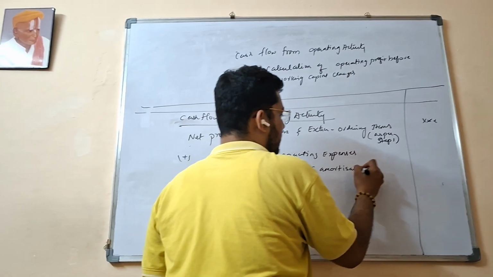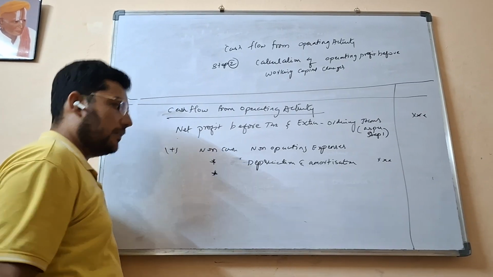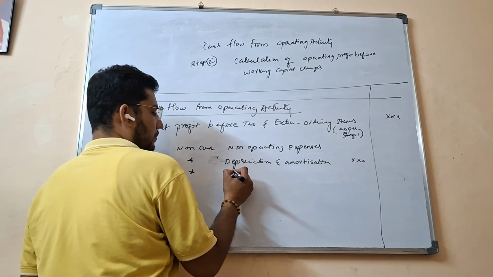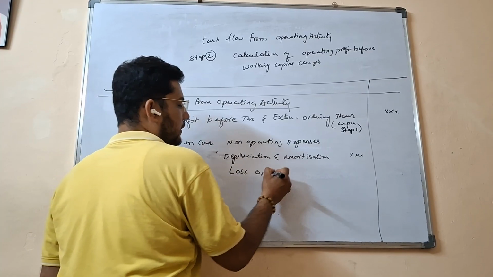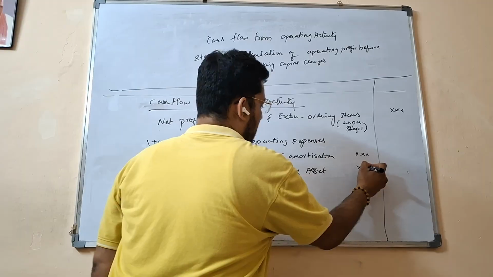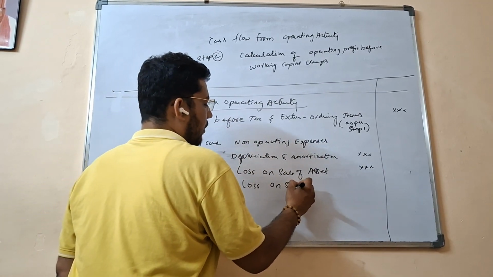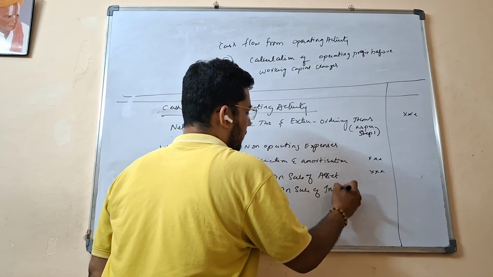We need to add this amount. Then we are going to add loss on sale of asset, loss on sale of investments.